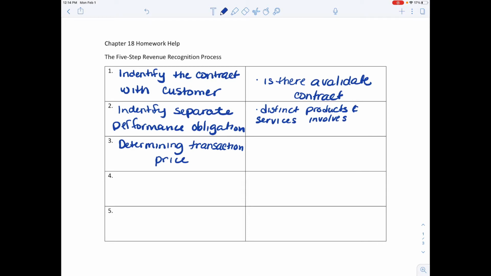So we want to make sure that when the price of a good or service is dependent on a future event, we need to estimate how much it's going to receive from the contract. And then we're going to look at how much revenue we recognize based on that.